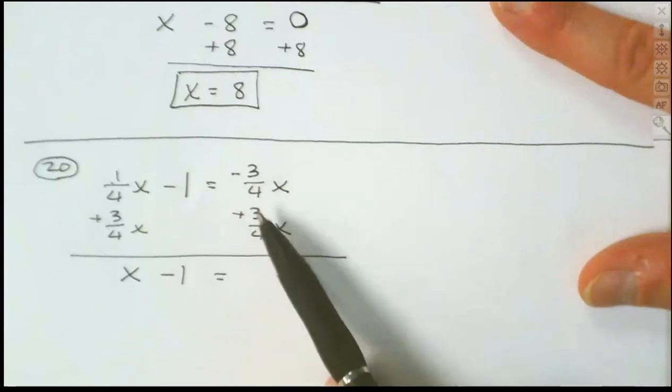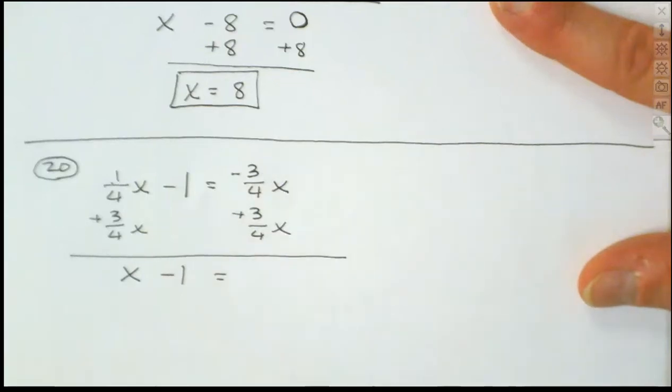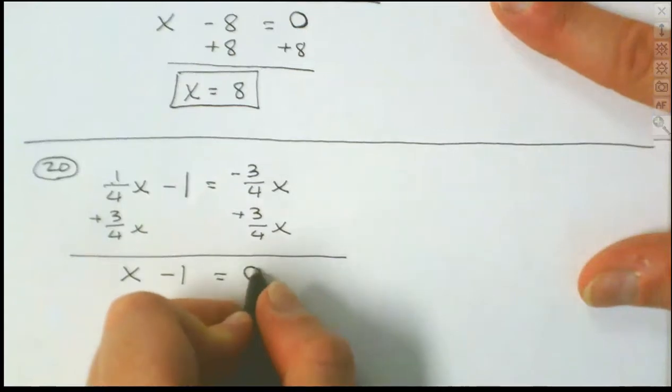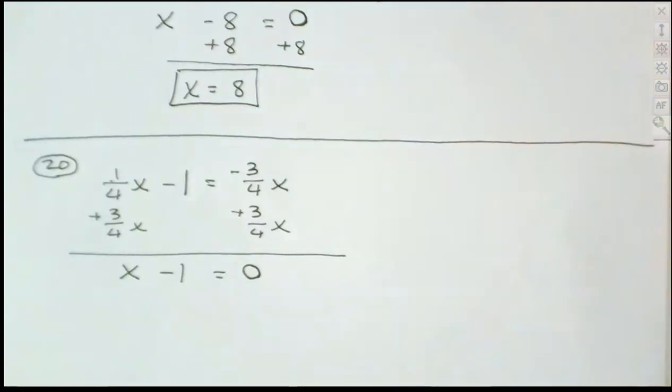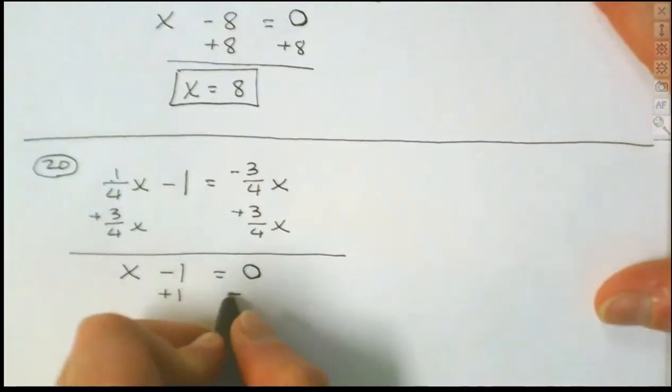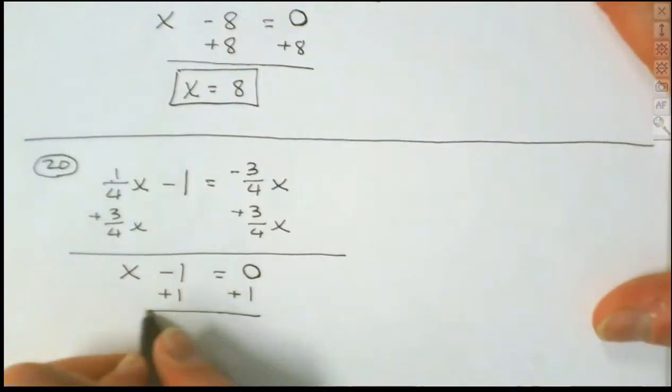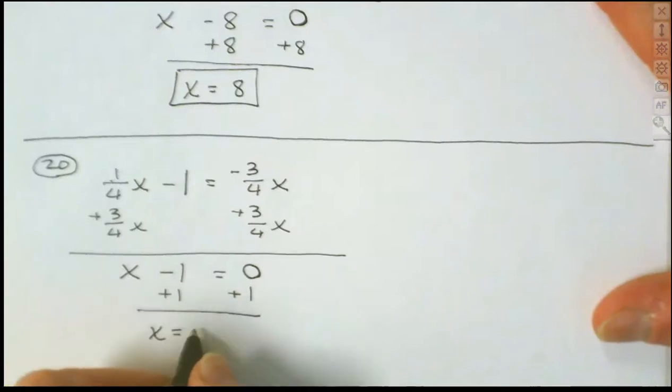They're opposites. And when you put them together, they make it a 0. And what's our last step going to be? We're going to do the same process as the previous question. To move that 1 over, what do we do? We simply add 1. And so then what's our answer going to be? x equals 1.